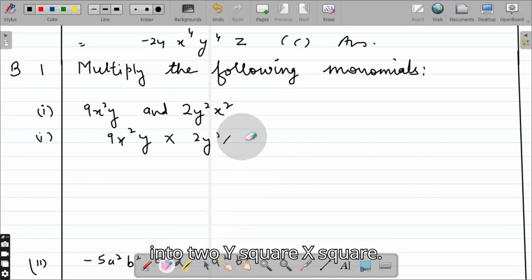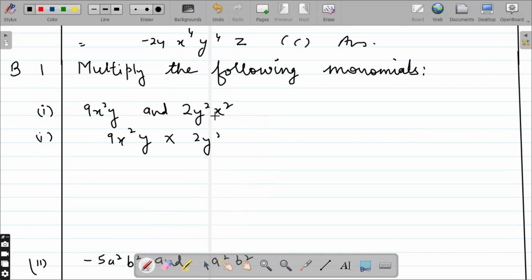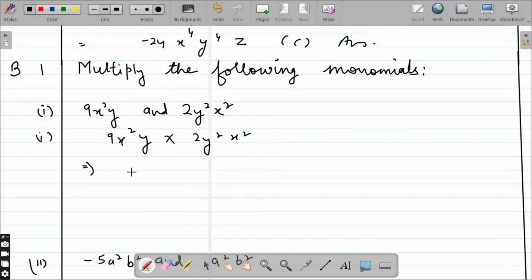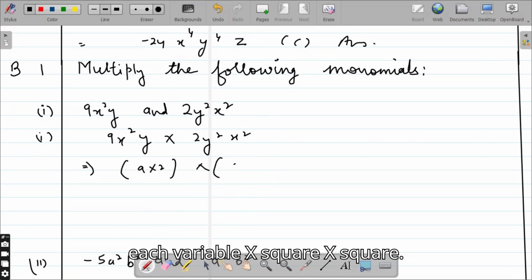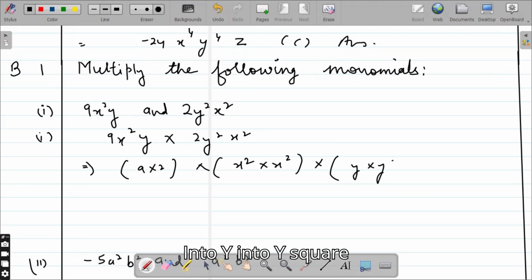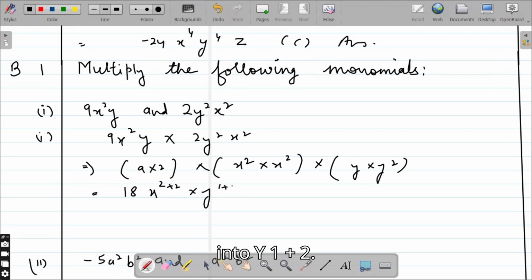In our next step, we'll be writing 9 into 2. Separate each variable: x square into y square. So 9 2s are 18. Here x to the power 2 plus 2 into y to the power 1 plus 2.